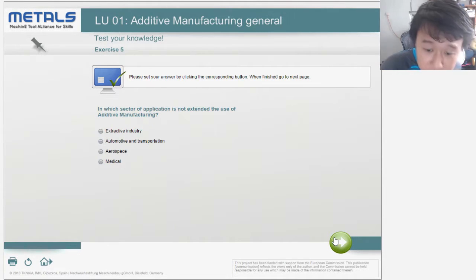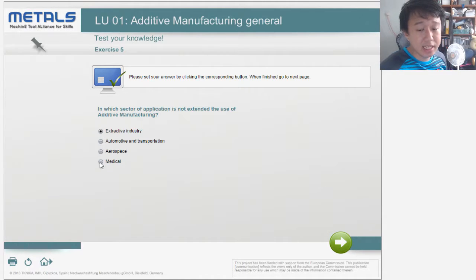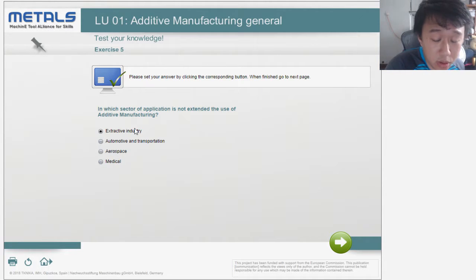In what sector of applications is additive manufacturing not extended for use? Extractive industry. I think this is the one. I think extractive industry sounds like mining. Not many news on this. Automotive, definitely lots of news on additive manufacturing. I think there is an American and Hong Kong company called Divergent 3D.